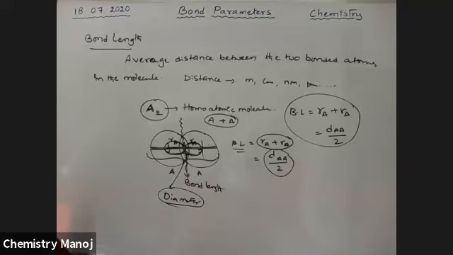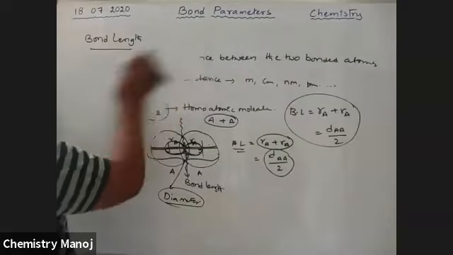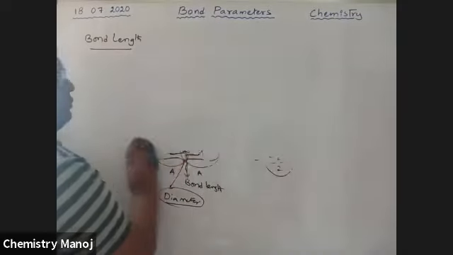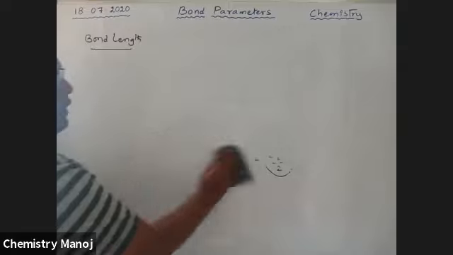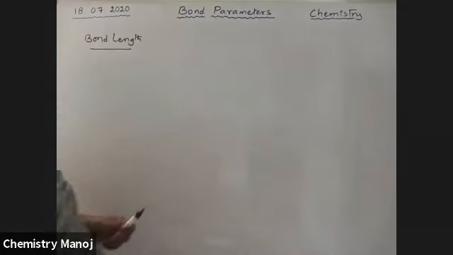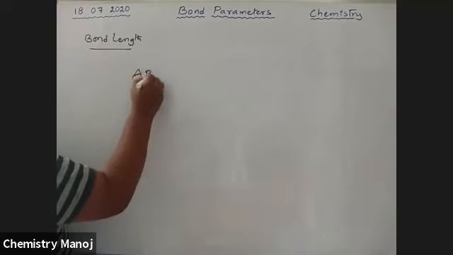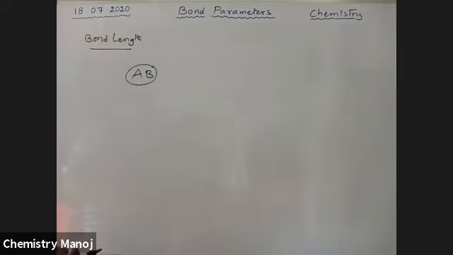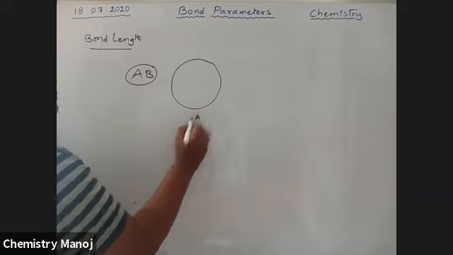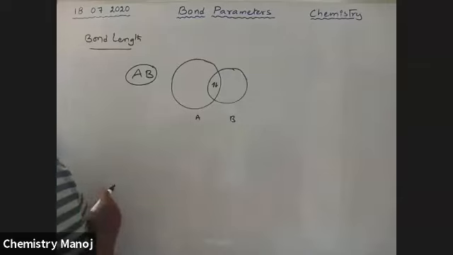Now I am taking heteroatomic molecules. How to calculate bond distance for heteroatomic molecules? That means a bond is formed between two different atoms. Let us take a heteroatomic molecule, AB. This is A, this is B, different atoms, and here is the shared pair of electrons.